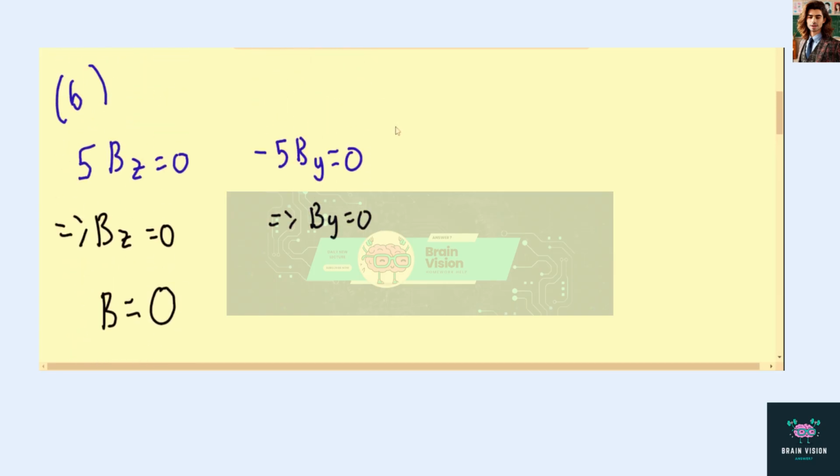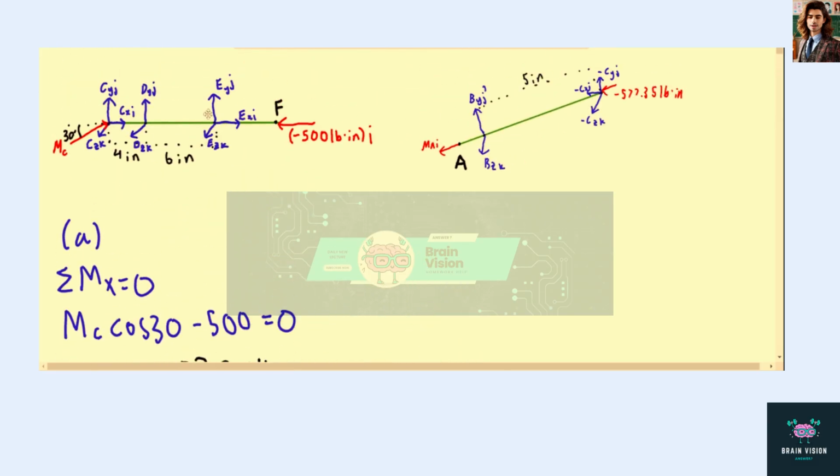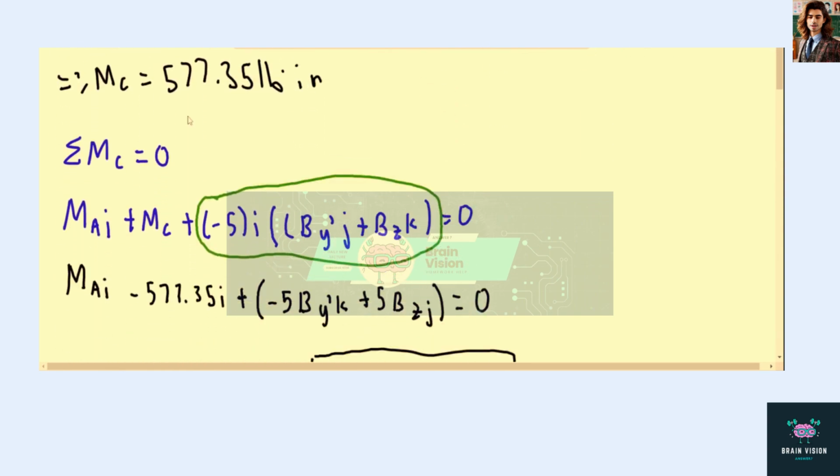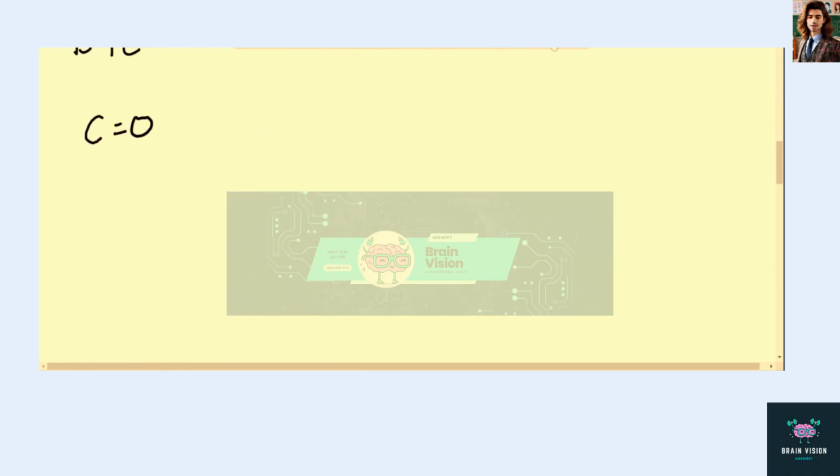So we're going to go back to our free body diagrams, go back to the free body diagram on the left and take the sum of moments about the point D. So the sum of moments about the point D is equal to 0.